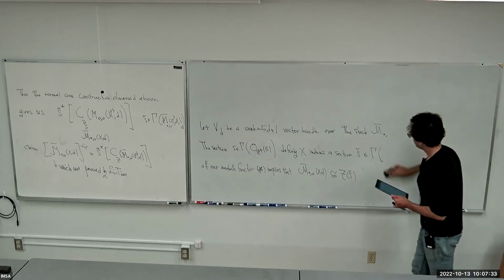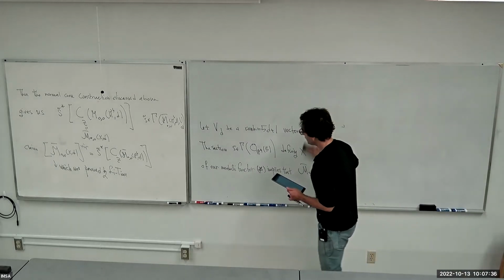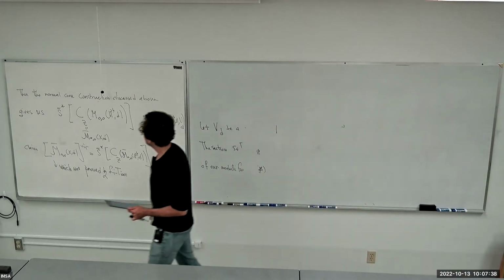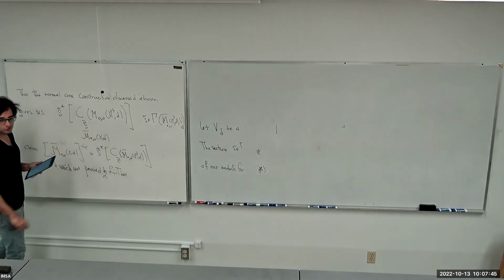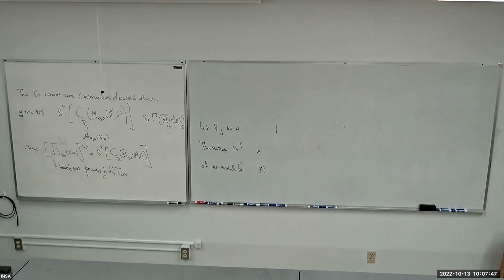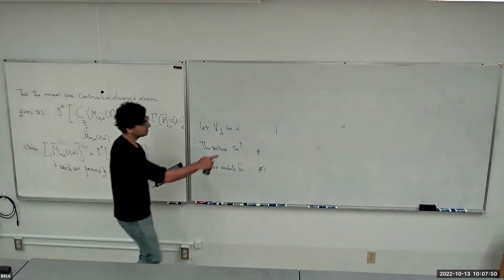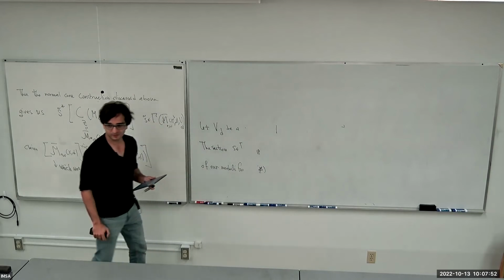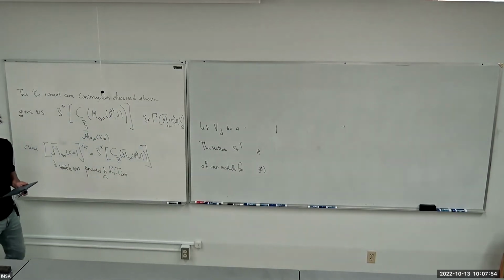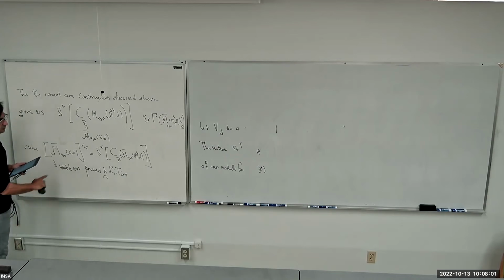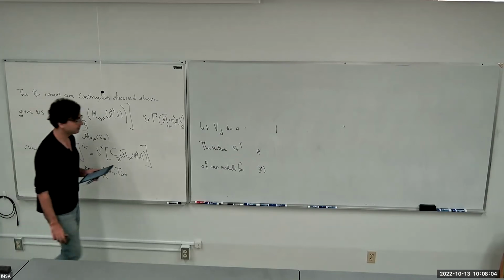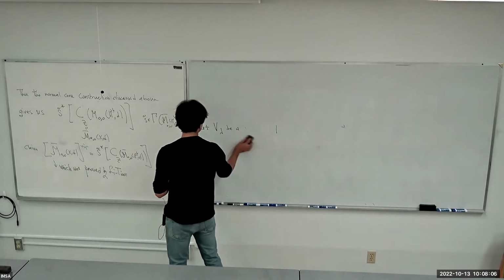Now the virtual class of M has its own construction coming from the deformation obstruction complex, but this was a very good shortcut. This idea that we just did, realizing the zero locus of a bundle, is the thing that we did two sessions ago, and the virtual class is the one that we constructed today, based on last session. They proved that these two constructions match. So how does the proof go?